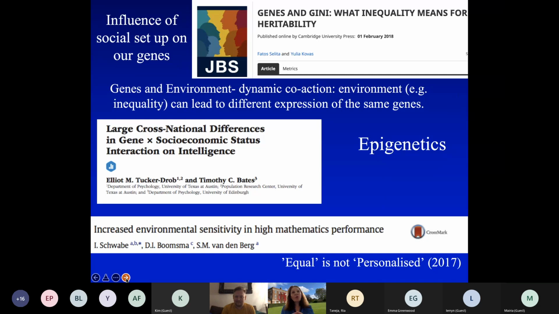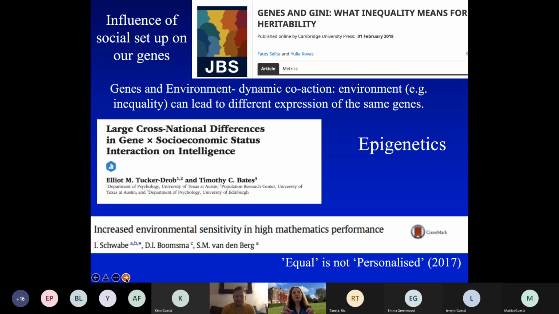But gene-environment coaction happens not just at the level of the family or a classroom, but can also happen at the macro level. So, for example, it has been demonstrated in several studies that if society is very unequal, so for example, some portion of society has excellent access to resources, to educational and medical resources, and really is very affluent, and another portion of society does not have this access, then the outcomes can be massively different for children.